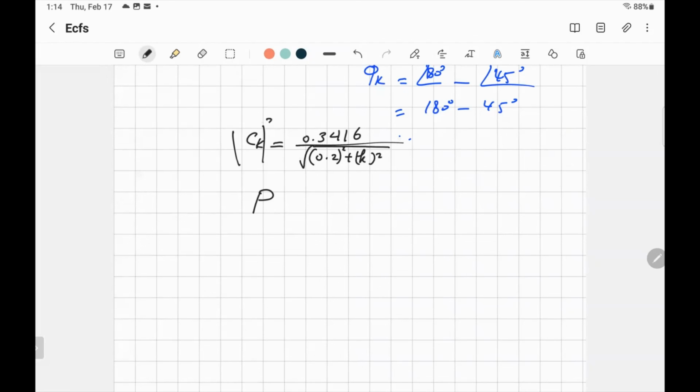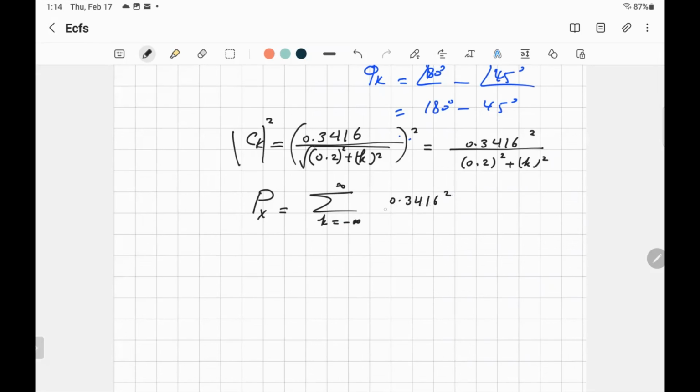And if you want the square of this value, you square it, so you get 0.3416 squared divided by 0.2 squared plus k squared, and you leave out the square root. So that's Ck squared. How do you find the power? It says add them, from k negative infinity to infinity of 0.3416 squared divided by 0.2 squared plus k squared. That's what you're going to do.